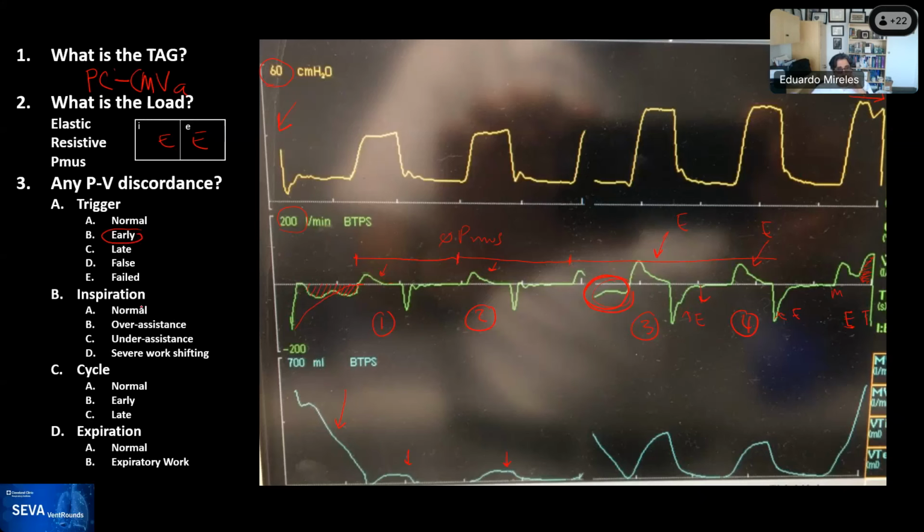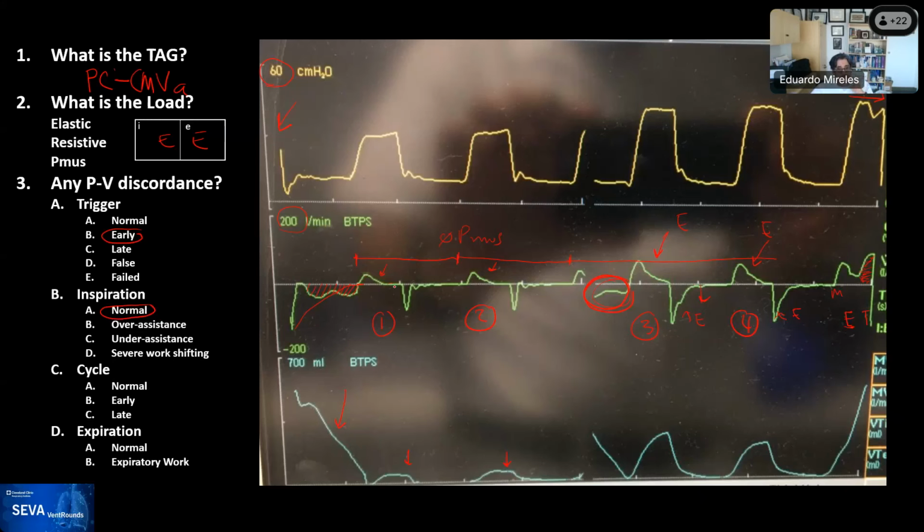In terms of inspiration, do you see, guys, any problem? Is there any evidence of PMOS in terms of inspiratory PMOS? I would say the answer is probably no, unless somebody sees any, but I don't see any PMOS anywhere during inspiration. This looks like a nice exponential decay, so I'm going to say that this is normal.